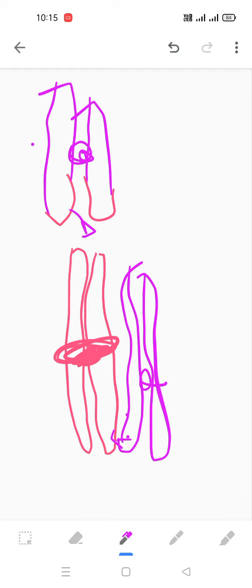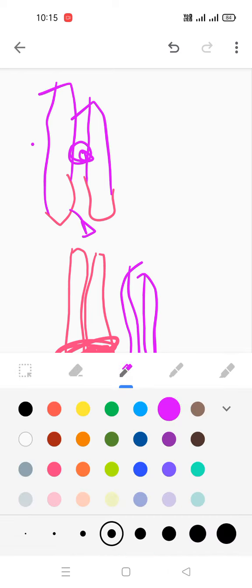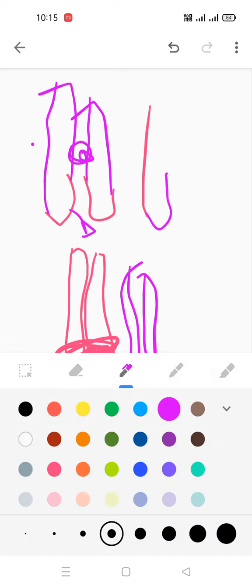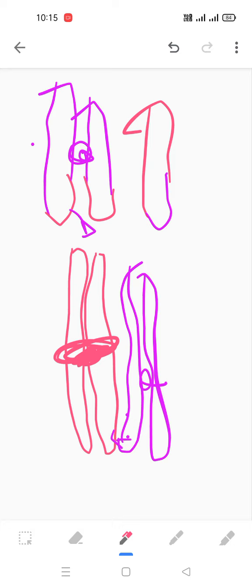Did you get it? And this pink one will have the half purple one. Can you understand the process of what is happening?